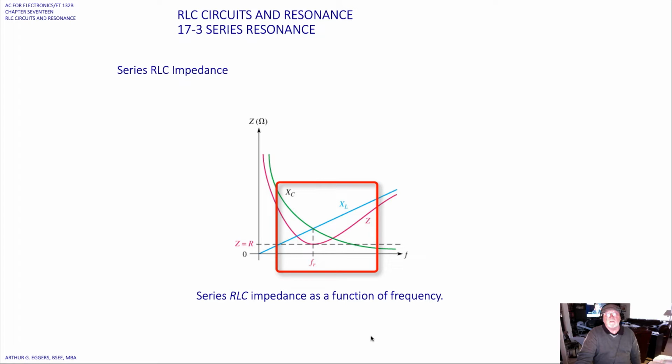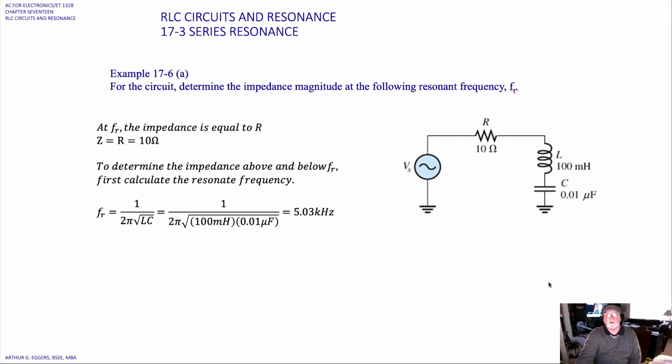Okay, so now we've seen what happens during the periods when a circuit becomes resonant, and X sub C and X sub L essentially cancel each other out, and the total impedance in the circuit becomes the value of the resistor. So let's take a look at a couple examples here of some series RLC circuits.